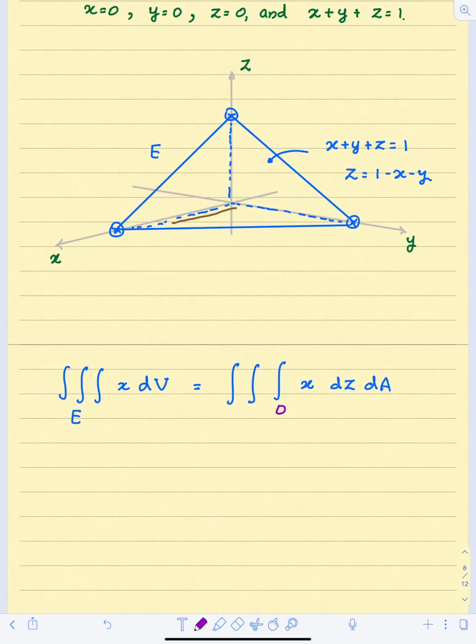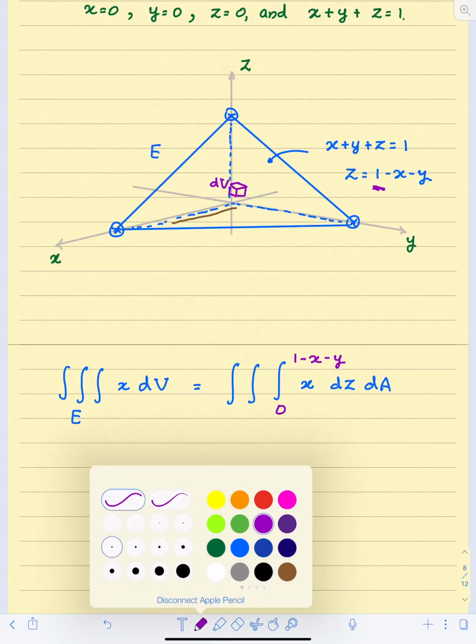And the highest value of z, in general, is given by the surface z equals 1 minus x minus y. So if I consider a generic element dV, then the upper limit of z is given by this surface, which is 1 minus x minus y.